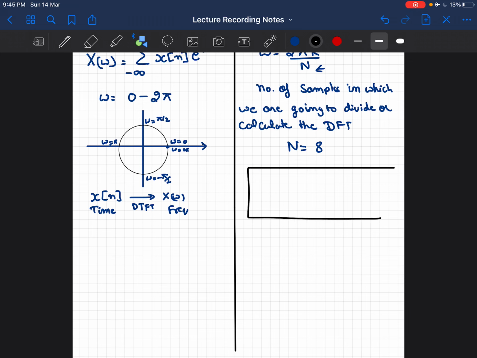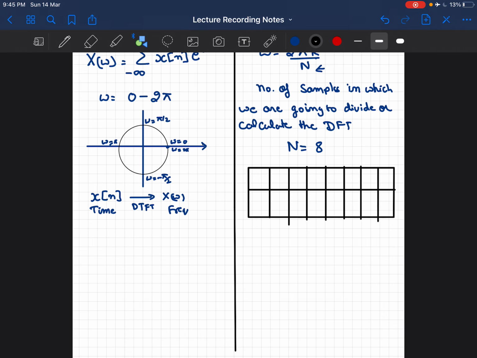Let's try and form a table. So k equals 0, 1, 2, 3, up to 7. So total 8 values.